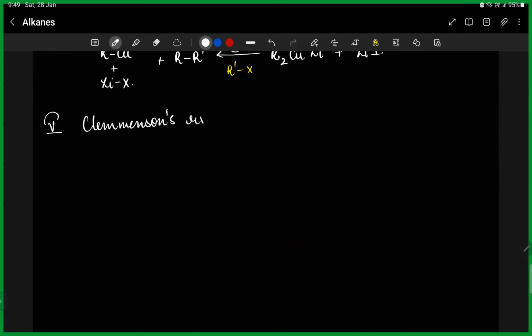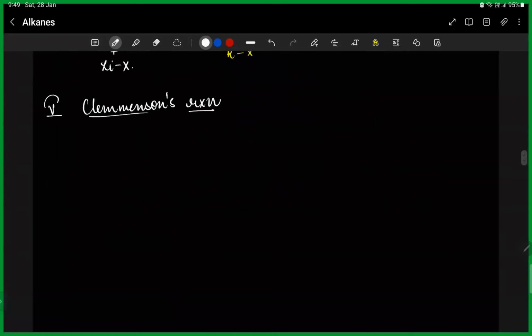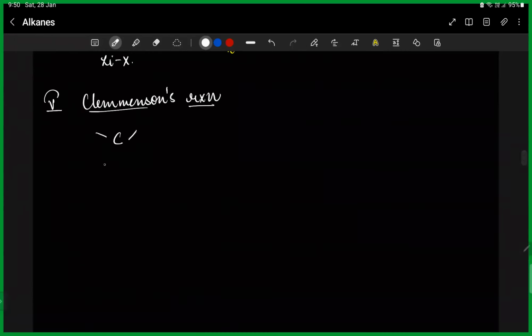Clemmensen reaction or Clemmensen reduction, whatever you want to call it. So in Clemmensen reduction, what you do is you take a carbonyl compound, C double bond O, and then you react it with the Clemmensen reagent, which is a very important reagent, which is ZnHg in presence of HCl. Okay, ZnHg in presence of HCl.